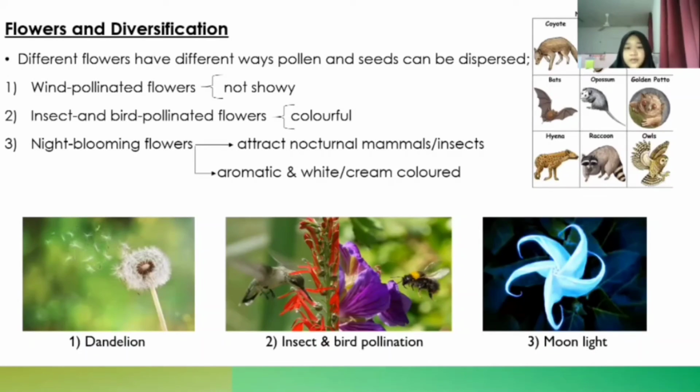The petals of this flower are usually colorful to attract their specific pollinator. Third is the night blooming flowers. They are usually aromatic and white or cream colored flowers. They will attract their specific pollinator, which are the nocturnal mammals and insects.